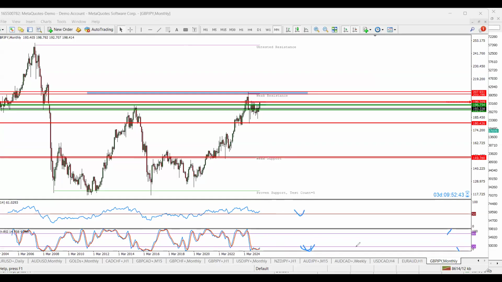Now, for a sell, if you go to the monthly time frame, price would cross downwards from the overbought region, and on the RSI, price would also be crossing downwards. You know that, okay, we are in for a long buy.